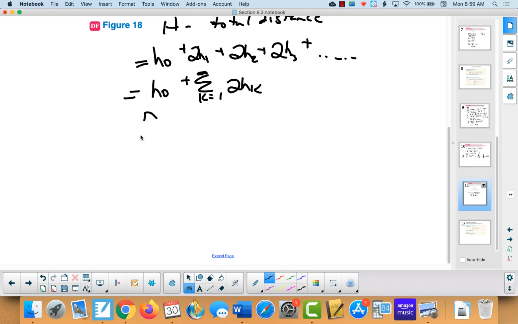We can rewrite that as 12 for the original height, and then we have 2 times 12, that's our a, and our r is 3/4 to the k power.